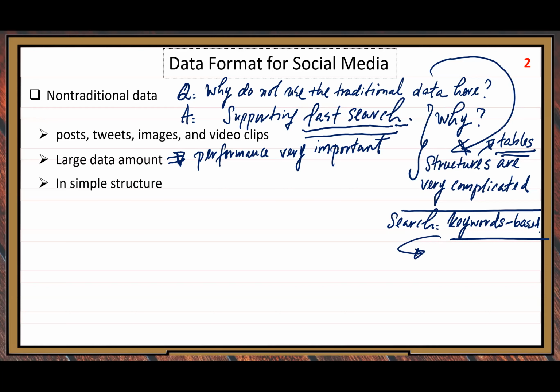There is an important step you need to do called indexing. This step is critical for traditional search. For example, the Google search.